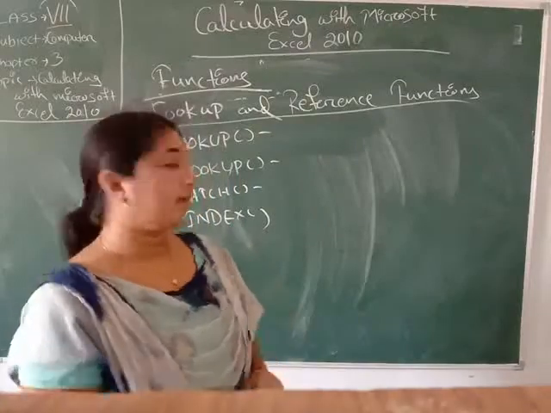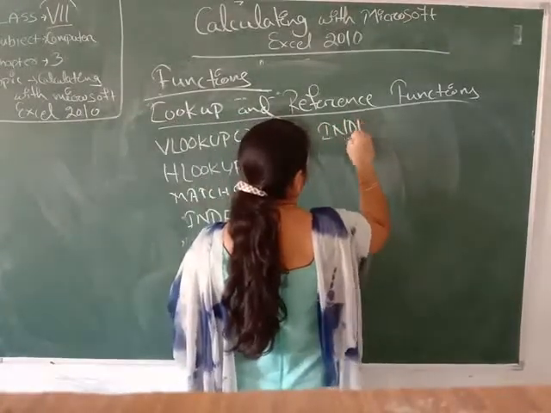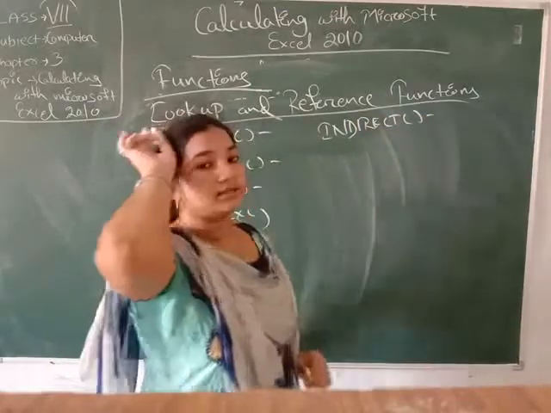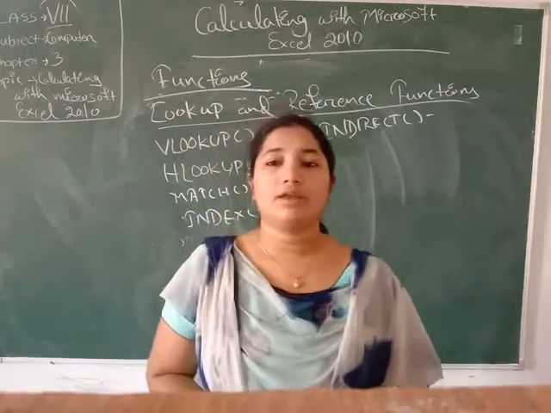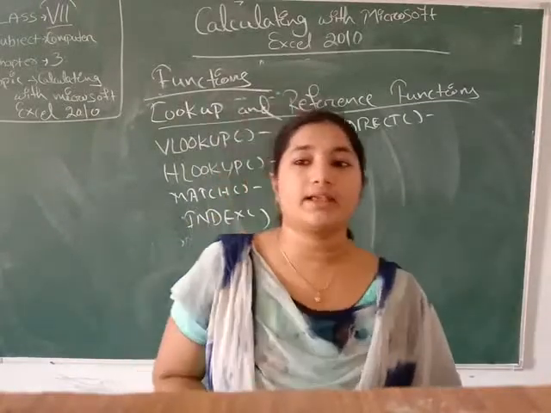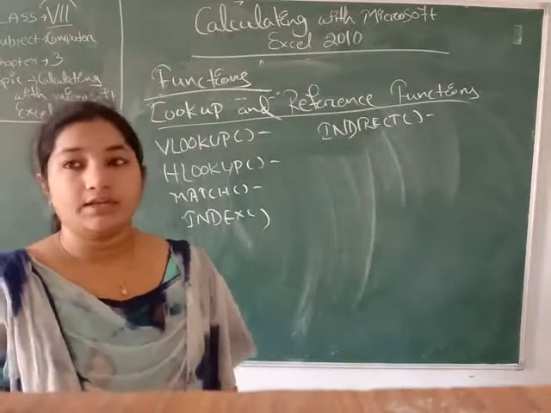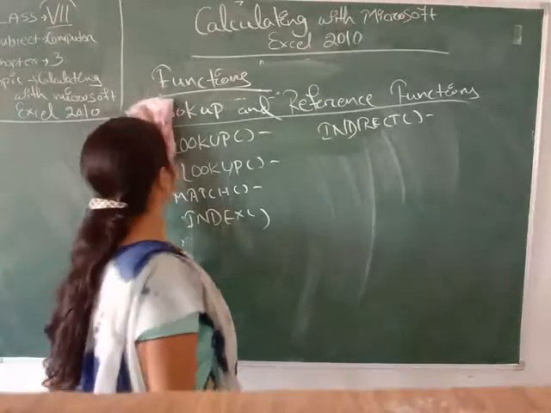Next one is INDIRECT. INDIRECT allows you to use a cell reference entered as text. So this is all about lookup and reference functions. Now we can learn about logical functions.